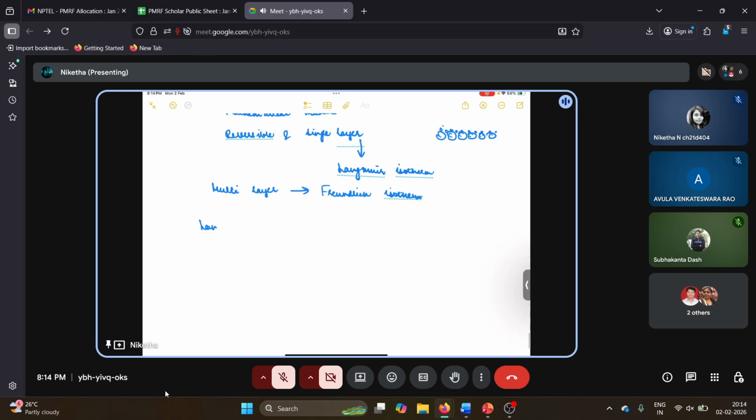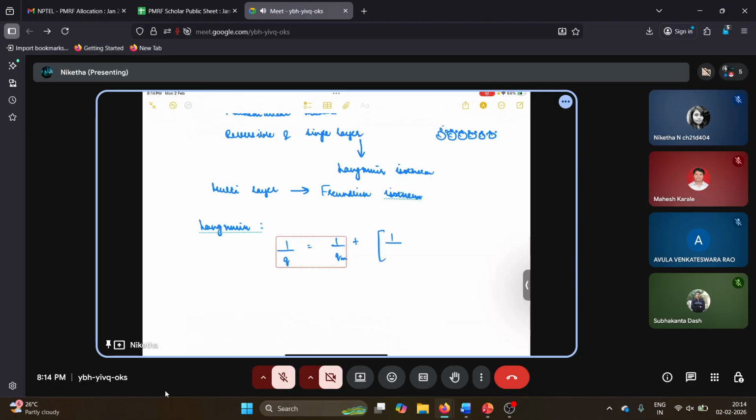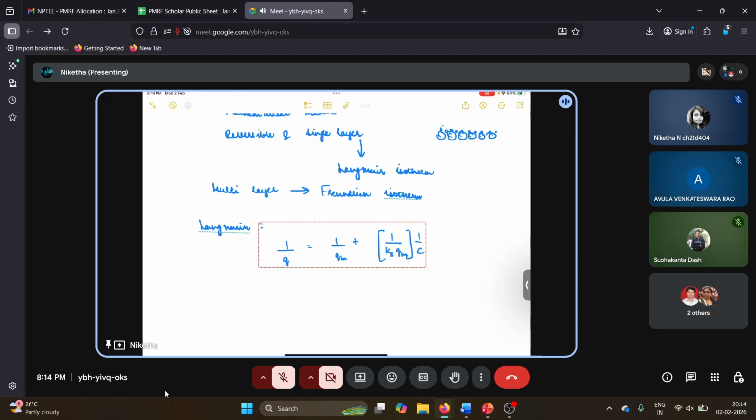So we'll write the equation here. The equation is 1 by q equals 1 by qm plus 1 by ka into qm into 1 by c.